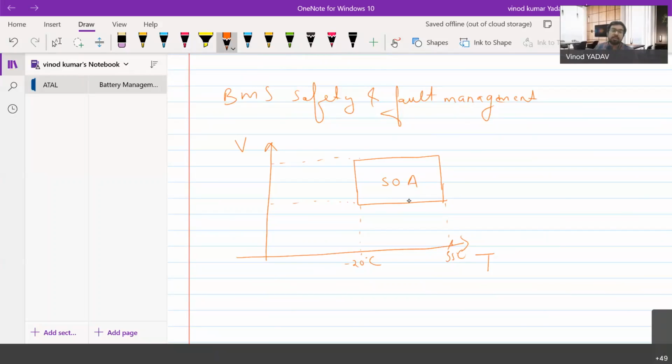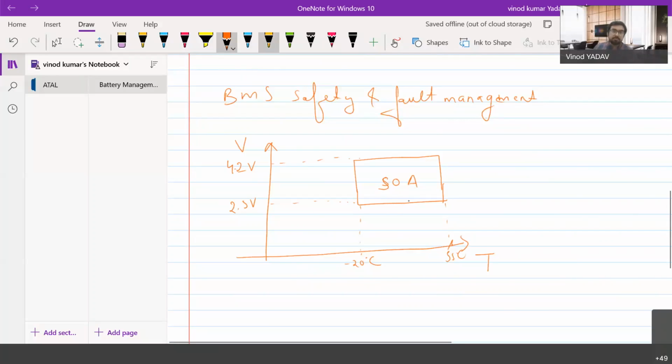Let's say for a lithium-ion battery system, this is 4.2 volt per cell, and this lower range is 2.5 volt per cell. So the safe operating area is basically defined for individual cells in which this battery is operating efficiently without any deterioration.